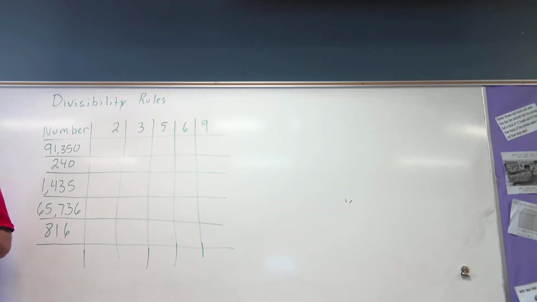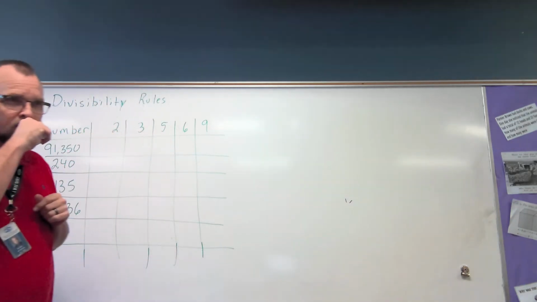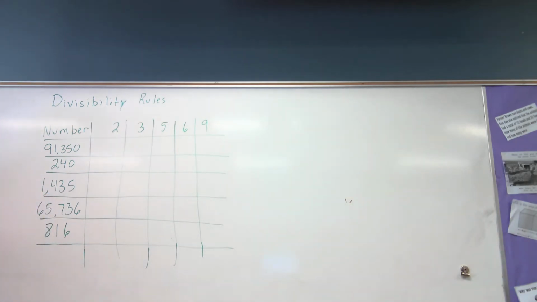Okay, a quick easy way. Do you have it? The quick easy way for me? To tell if a number is even, I don't want to have to divide it by 2 to see if it's even.